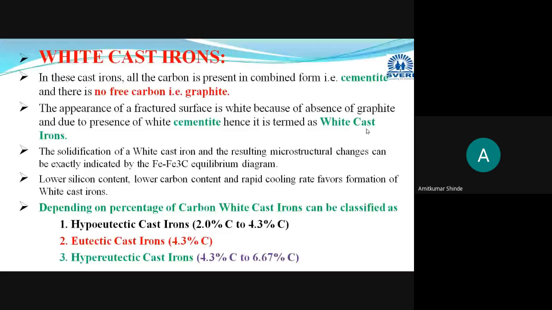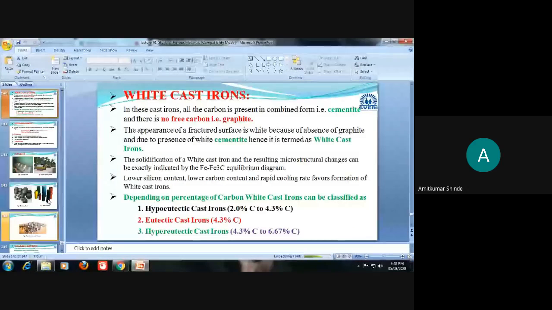Depending on that equilibrium diagram, these white cast irons can be classified in three different types: hypoeutectic cast irons, eutectic cast irons, and hypereutectic cast irons. They will exactly follow the same equilibrium diagram. I will show you that equilibrium diagram which we have studied for the steel.